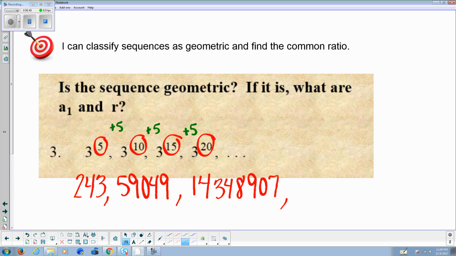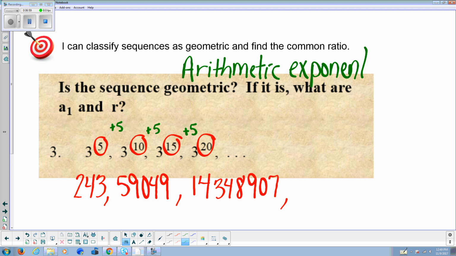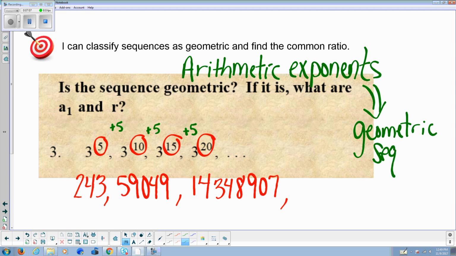So if you see an arithmetic pattern in exponents, then that really means you're dealing with a geometric sequence. Let me elaborate.